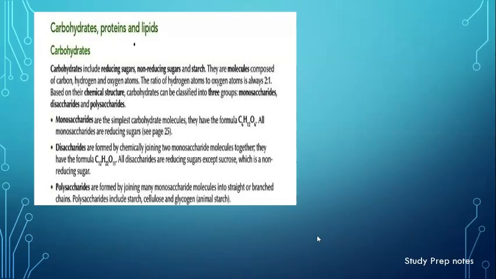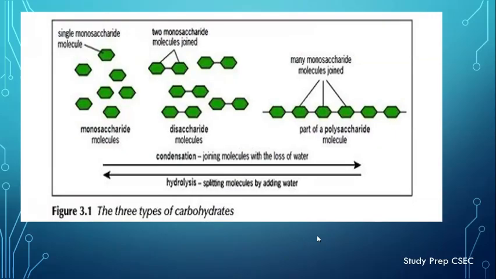Polysaccharides are formed by joining many monosaccharide molecules into straight or branched chains. Polysaccharides include starch, cellulose, and glycogen, which is animal starch. So these are the types of carbohydrates, from the single monosaccharide molecules to two monosaccharides, which is a disaccharide.